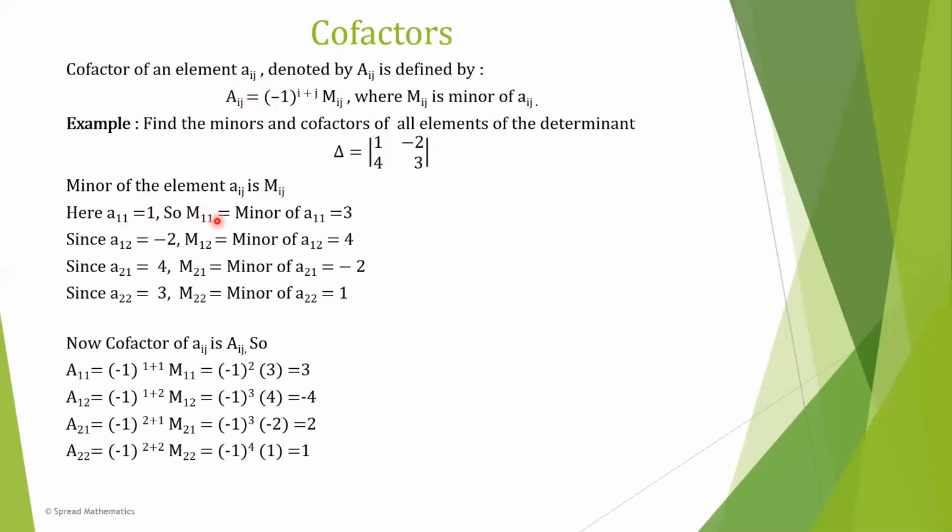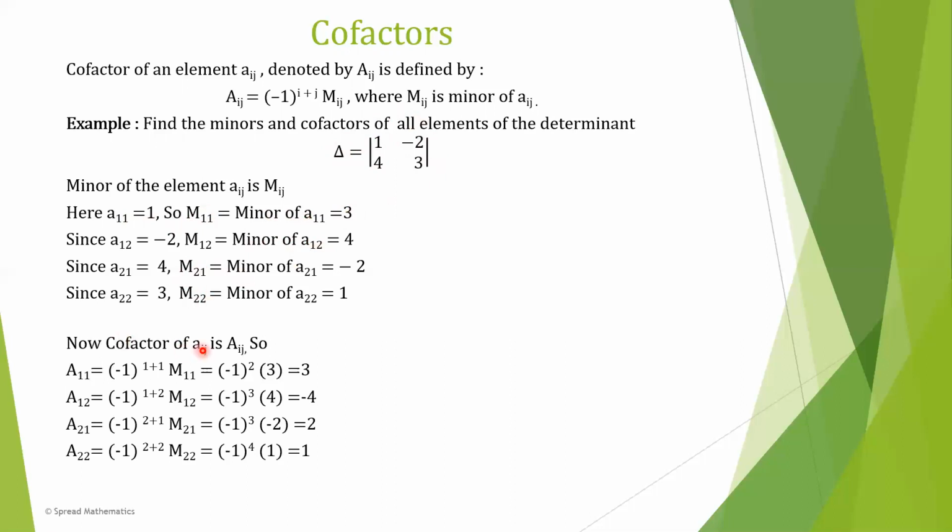So for M11, we will delete the first row and first column, then we will get 3, so the minor of a11 will be 3. Similarly, for the minor of a12, this is the a12 element, so we will delete the first row and second column. Then we will get the minor of a12. Similarly, you can get M21 and M22.